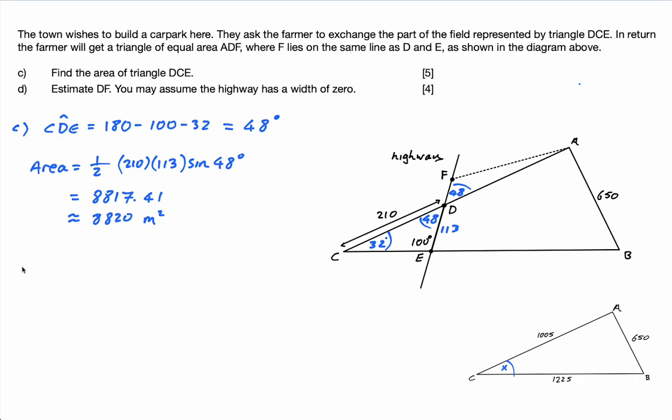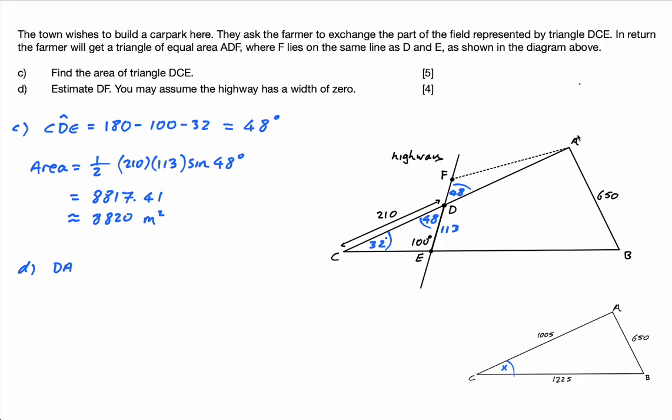Okay, question D. It says, estimate DF, this length here. You may assume the highway width is 0. Right, so this is 48. DA, this length, I've brought in, guys, the original triangle.